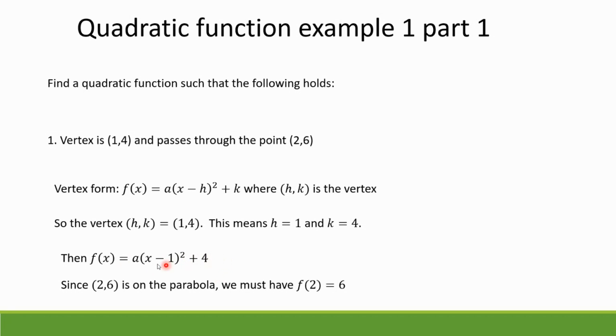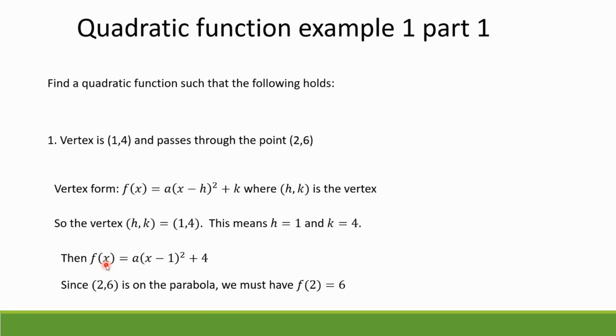But are we done? No, we have to figure out what a is. That's what the other point gives us. Namely, we know that 2, 6 is on the graph. You know, the graph passes through this point. So that means it must be a solution of the equation.